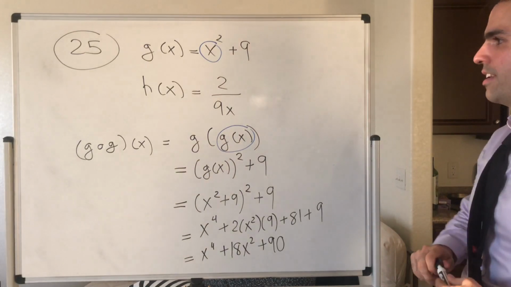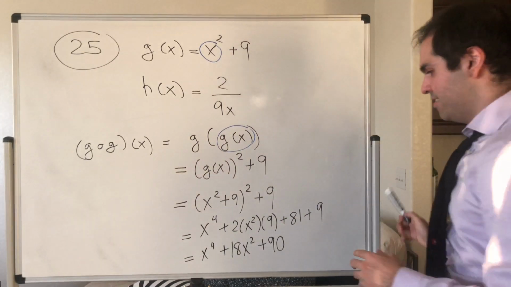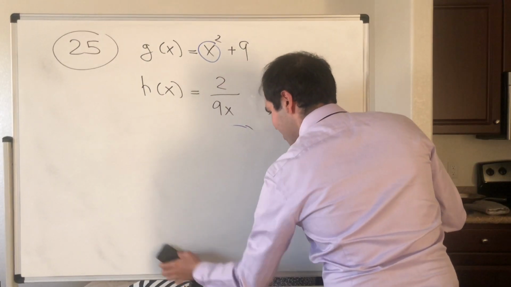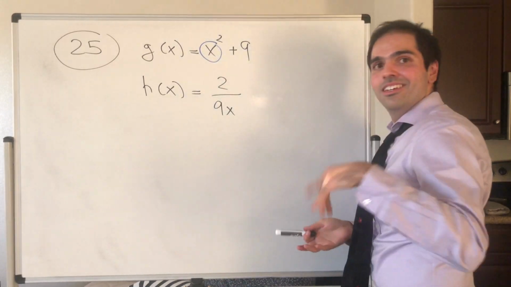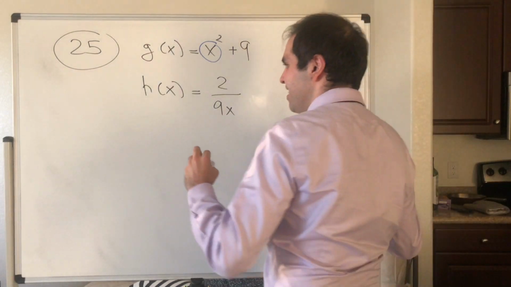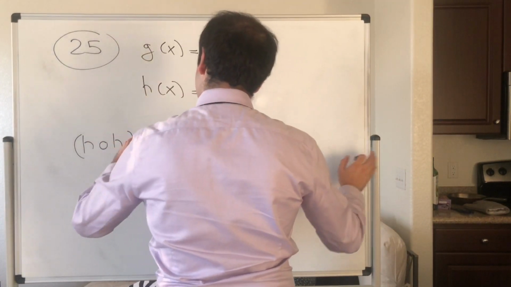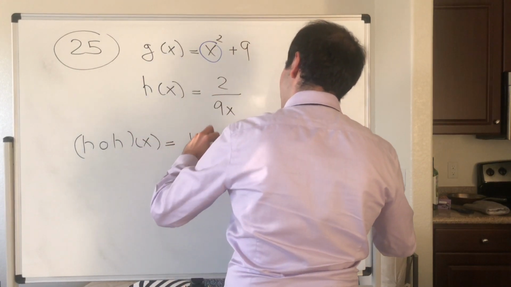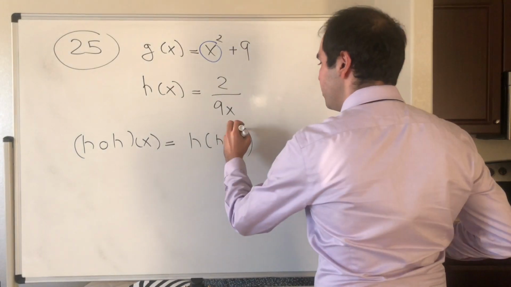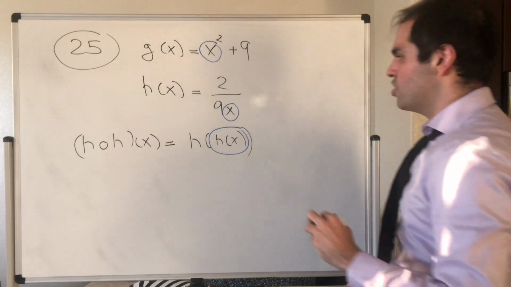So that's the first thing, g of g of x, and then h of h of x is similar. And by the way, this is like putting in answer twice in your calculator. That's kind of a composition. So h composed with h of x, that is h of h of x. And all you need to do is take the definition of h and replace x by h of x.